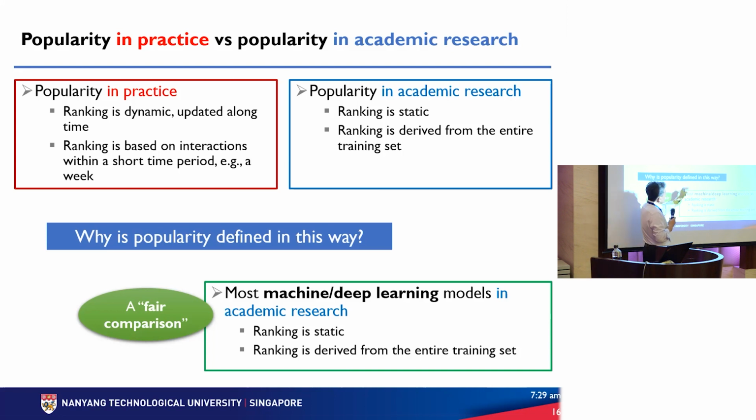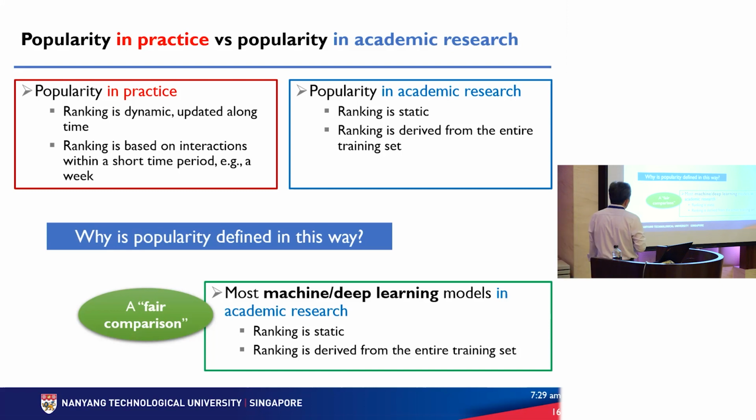But for the popularity in your research, which will often serve as a baseline, we often need to show that my model is better than popularity. This is a minimum requirement, right? If you cannot beat popularity, then what's the model about, right? So we have our popularity. The ranking is a global static ranking, it doesn't change, okay? The ranking is derived from the entire training set, okay?